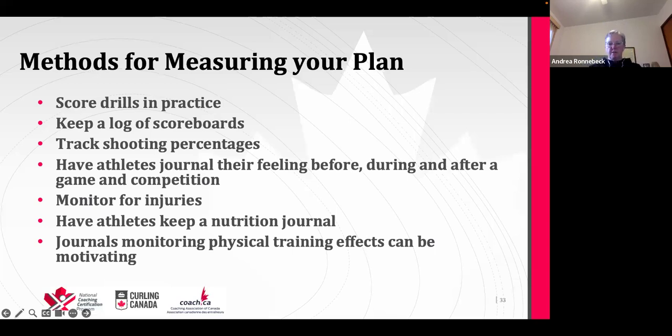Journals monitoring physical training effects can be motivating as well. So if they're working with a personal trainer and there is some measurement going on, they can look back to when they started to where they are today and see that there have been improvements.